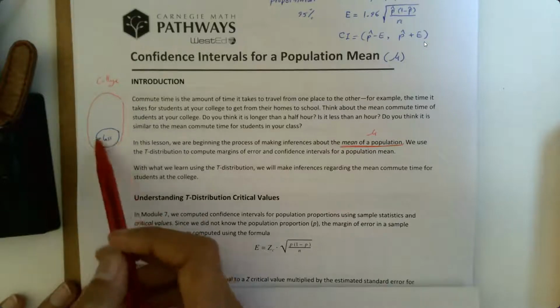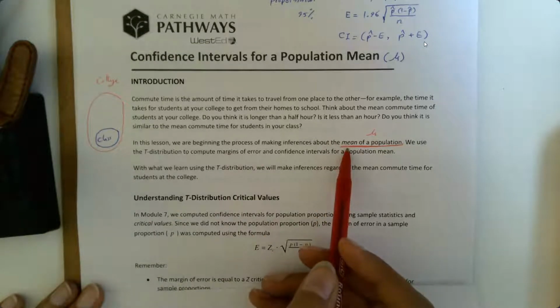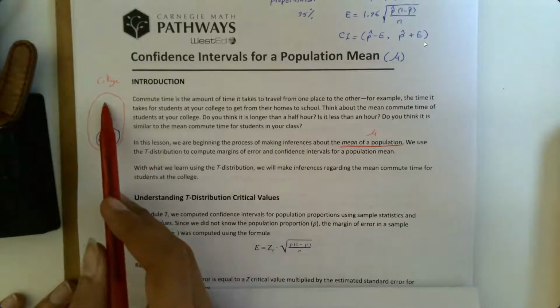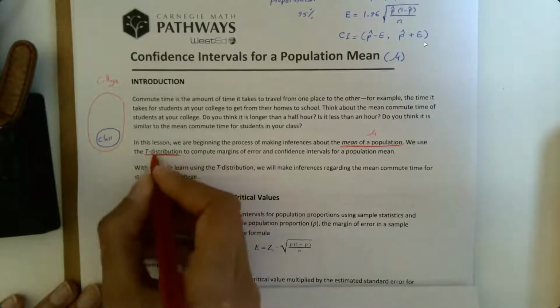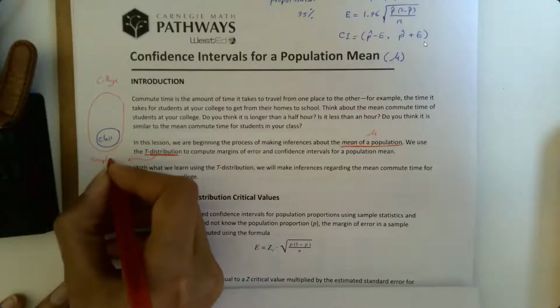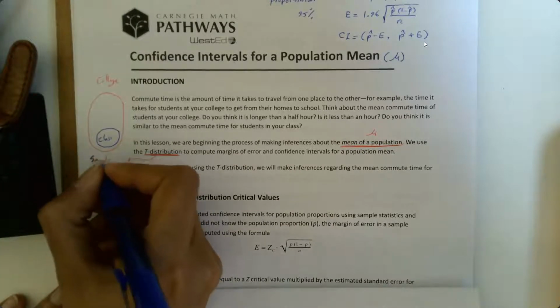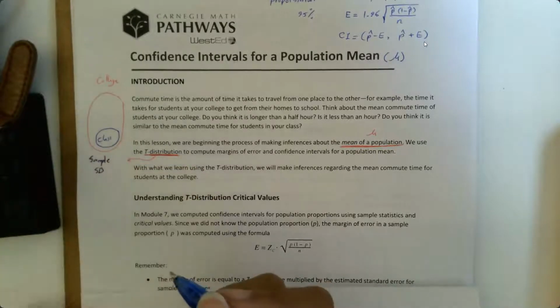But gathering information about the class is much more realistic. Remember, we use the t-distribution when the standard deviation of the population is not given. We work with the sample standard deviation.